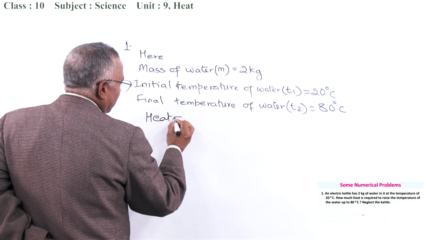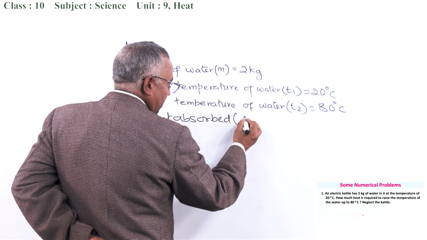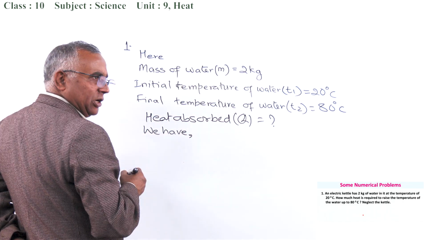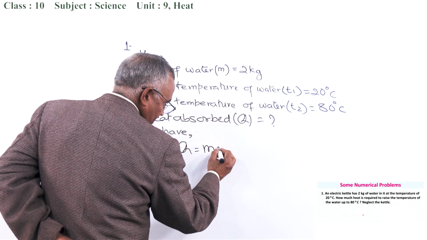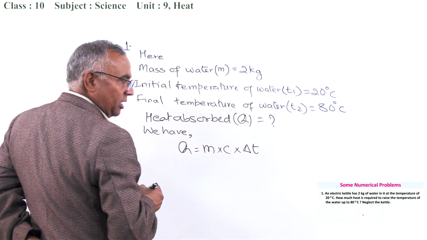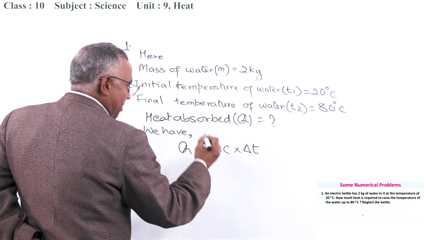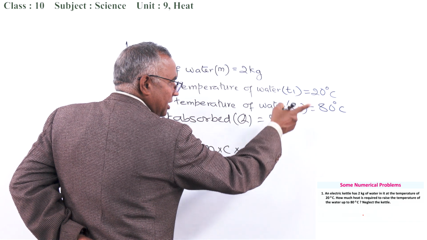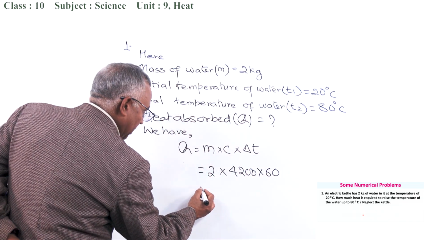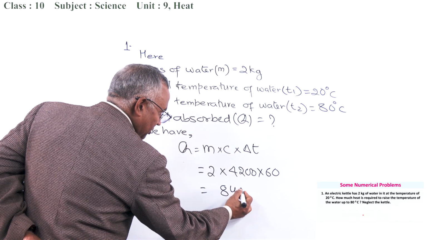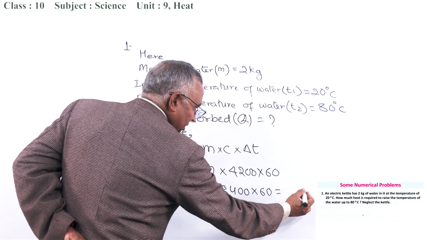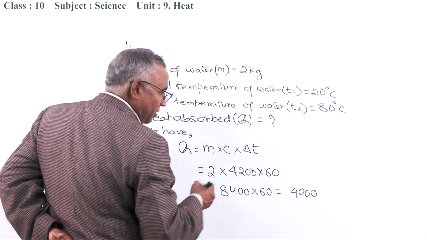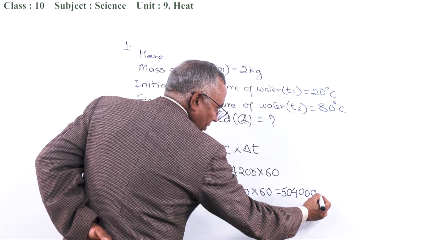What is the heat absorbed then? Heat absorbed, that is Q equals what? We know what the heat equation gives: Q equals mc delta T, or the difference in temperature. So we have to find Q. Mass is 2, specific heat capacity is 4200, and the difference in temperature, 80 minus 20, is 60. Multiply them: 2 into 4200 into 60 equals 504000.